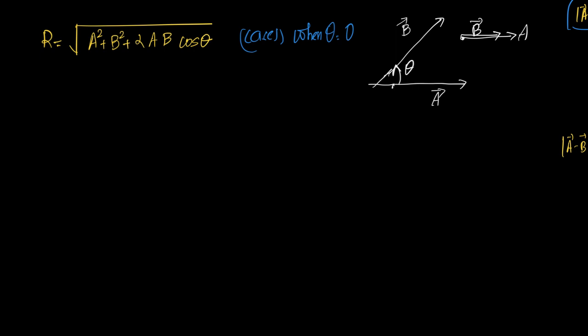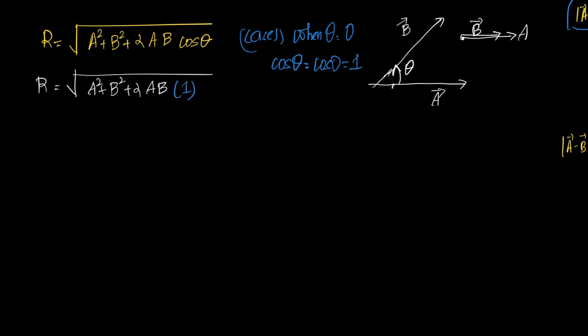In which case, what is the resultant? See, resultant here R is root of a square plus b square plus 2ab into cos theta. So when theta is equal to 0, what is cos theta? Cos theta is cos 0, which is equal to 1. So you get 2ab into 1.